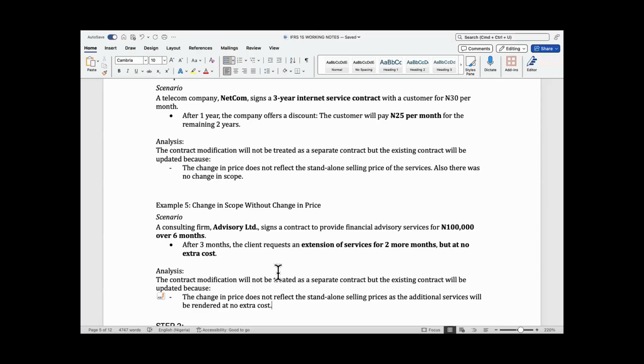If those two do not exist, then you cannot treat that modification as a separate contract.